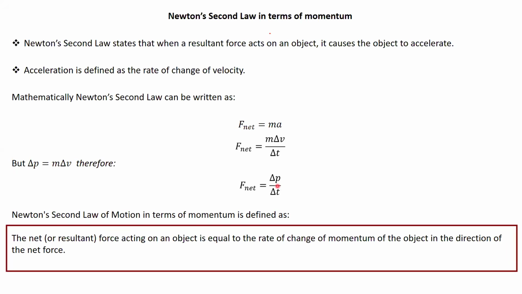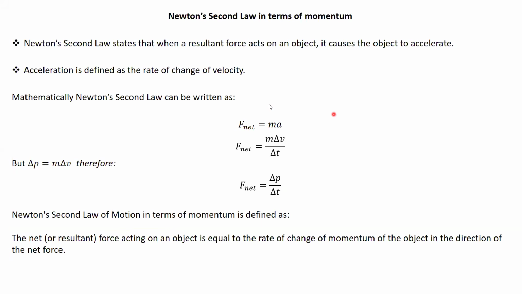This will give you 2 marks in the exam. Please note this. Net force or resultant force is equal to the rate of change of momentum of the object in the direction of the net force. Perfect.